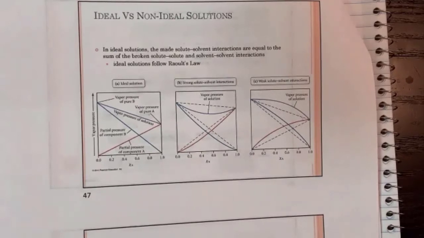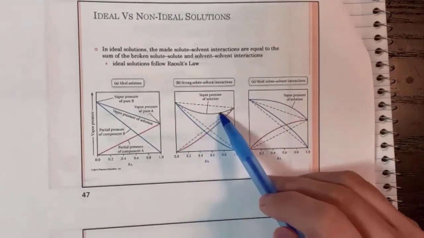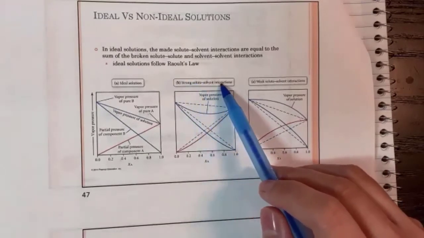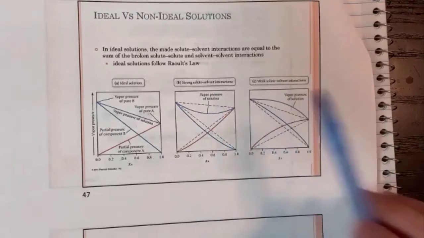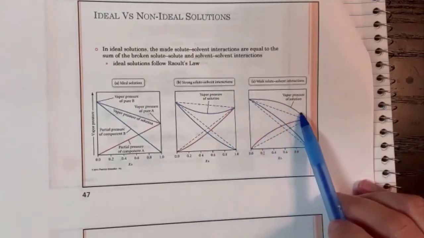Like if water bonds with some other solute and it really, really likes the solute, it has less reason to turn into gas to create the vapor pressure. So if you have a negative deviation, it indicates a strong solute-solvent interaction. They like each other a lot. Okay, the formation of solution, they're really happy to have new friends there. Now, the one that we just saw was actually higher.